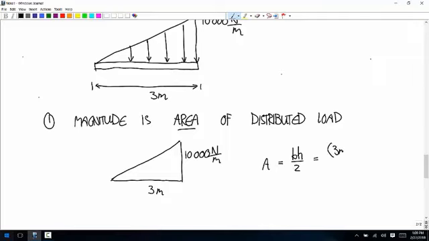So that's 3 meters times 10,000 newtons per meter over 2. Notice that the units work out. You cancel this meter with this meter, and you get units of newtons for the magnitude of the force. In this case, that's 30,000 divided by 2, so 15,000 total newtons.